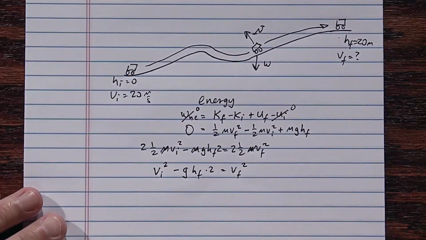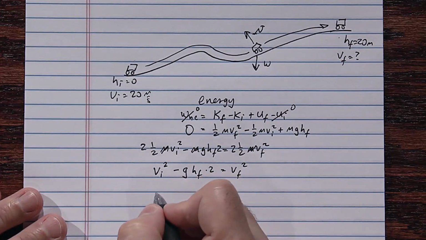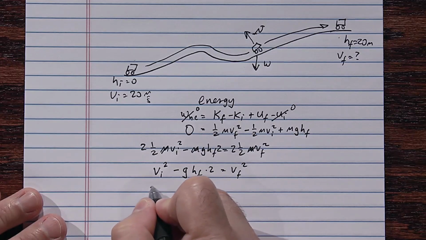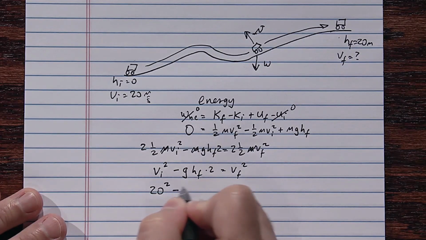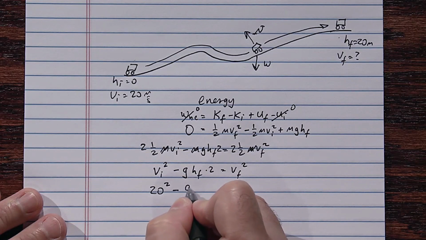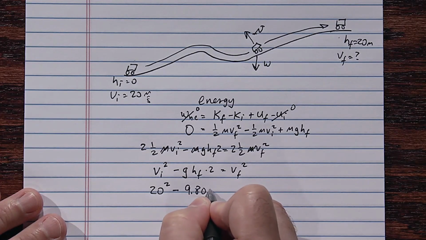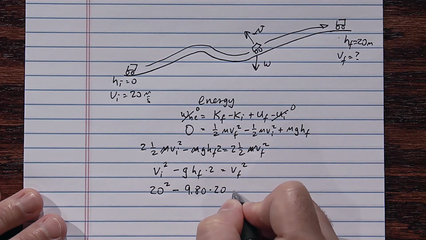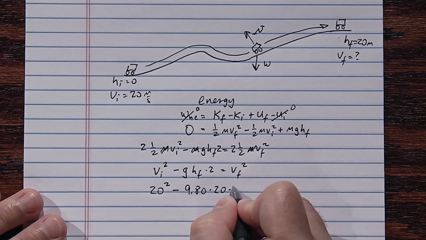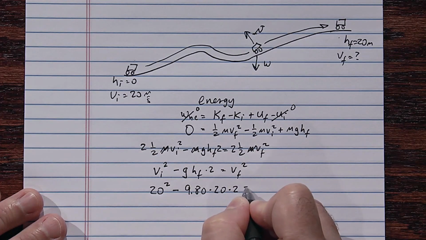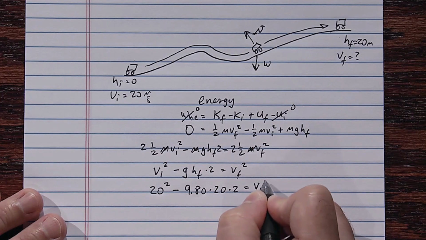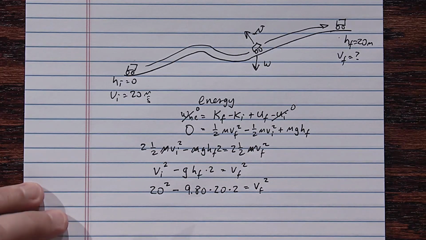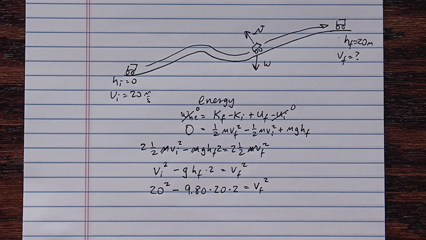And we can start putting in our values. V initial is 20 squared minus g, 9.80, times height final, which is 20, times 2 is equal to v final squared. And let's see what we have here.